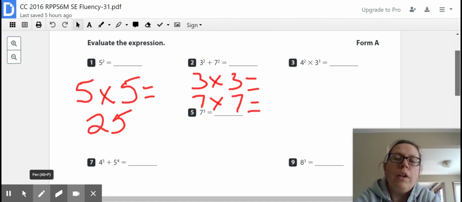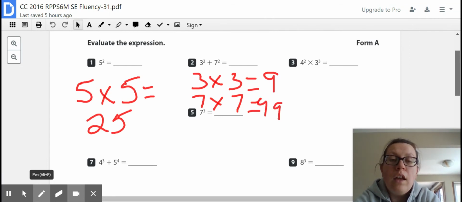And we know 3 times 3 is 9. And then we know 7 times 7 is 49. And then they want us to take the 9 and the 49, and they want us to add them together. And so we know 9 plus 9 is 18.